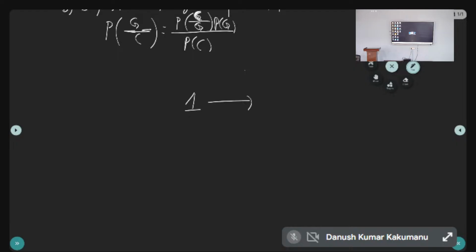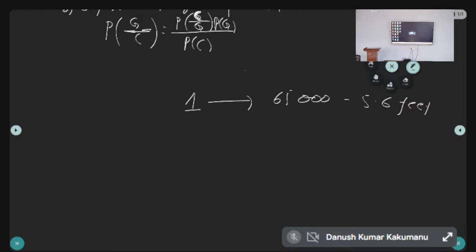Out of a 1 lakh people sample, listen carefully, maybe 65,000 people's height may come to 5.6 feet. Roughly I'm telling, out of a sample of 1 lakh people, 65,000 people's height is 5.6. For the remaining 35,000 people, some people's height may be 6.2, some 6.4, some 5.2, like that.